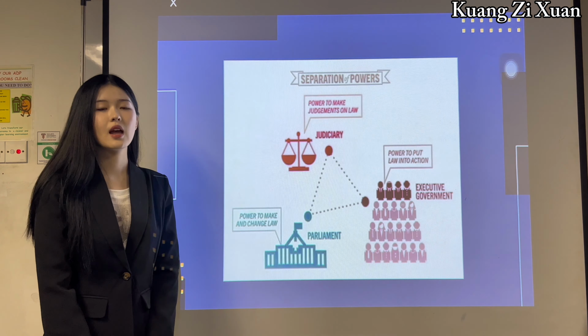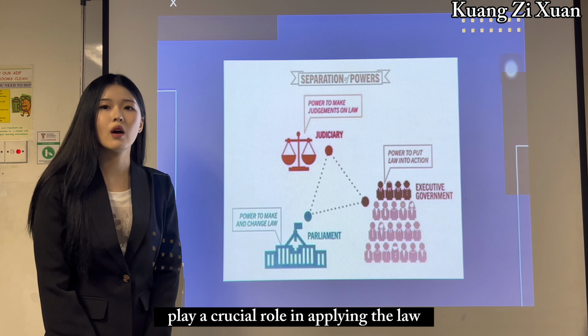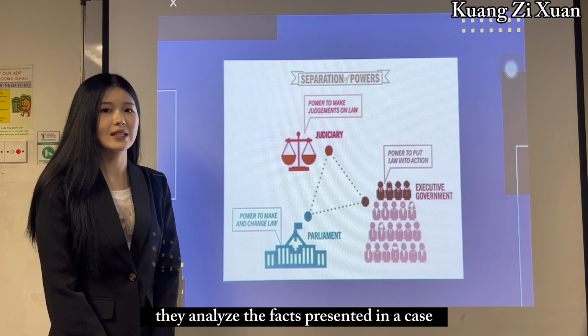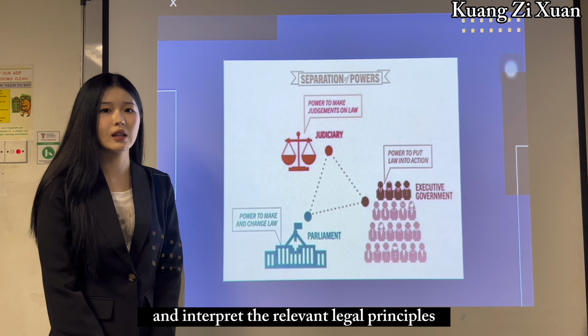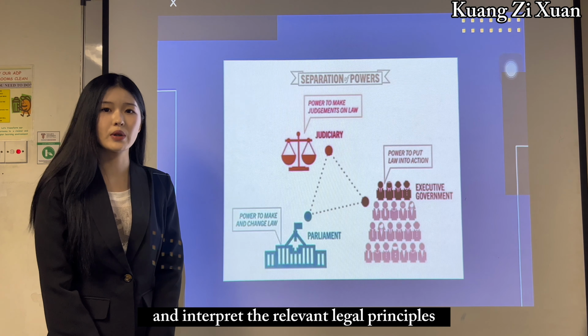Judges, under this strict interpretation, play a crucial role in applying the law. They analyze the facts presented in a case and interpret the relevant legal principles. Their primary responsibility is to ensure that justice is served by impartially applying the law, without encroaching upon the legislative branch's authority to create laws.